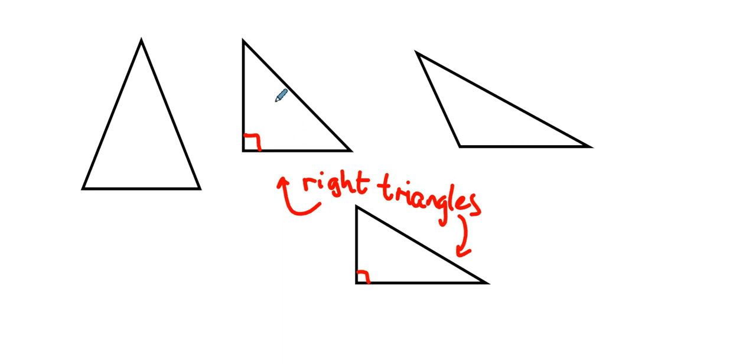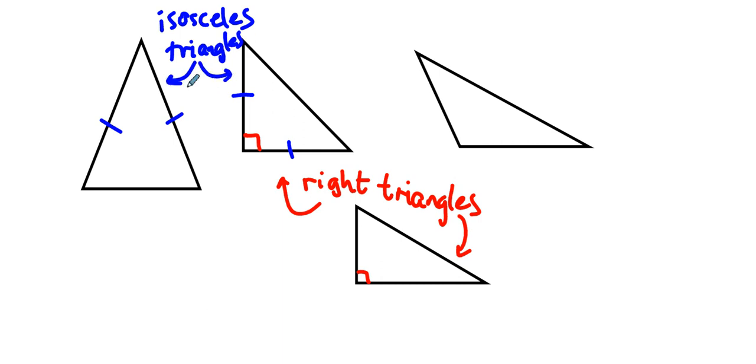This right triangle happens to also have two congruent sides. This triangle also happens to have two congruent sides. And when a triangle has two congruent sides, we call that isosceles. These are both isosceles triangles. So this triangle here happens to be both isosceles and right.